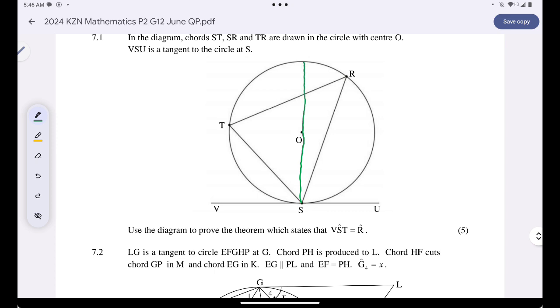Right, together. We construct a diameter and then we construct a chord. The diameter will be SO. Let me call this point A. Then I'll name these S1, S2, T1, and T2.